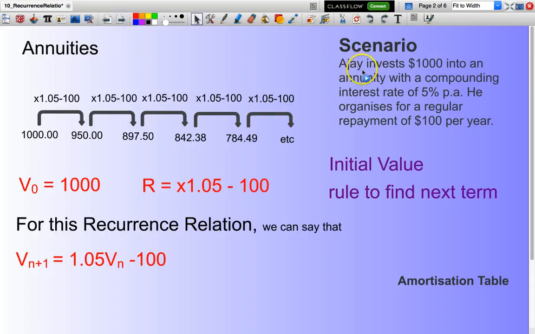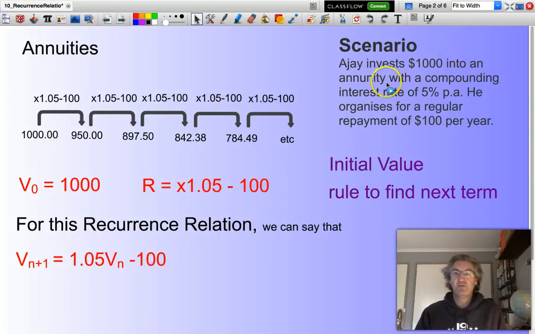Now, in this situation, AJ invests $1,000 into an annuity with a compounding interest rate of 5% per annum. He organises for a regular repayment of $100 per year.